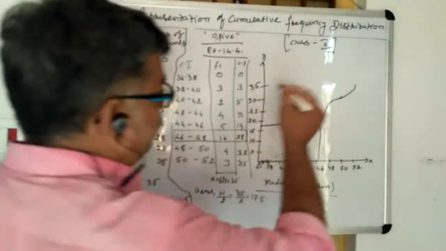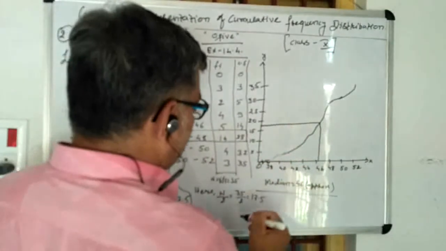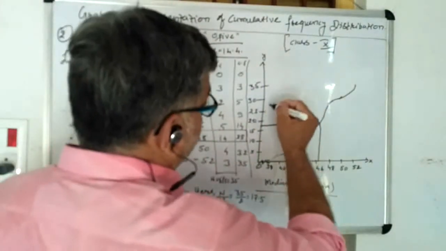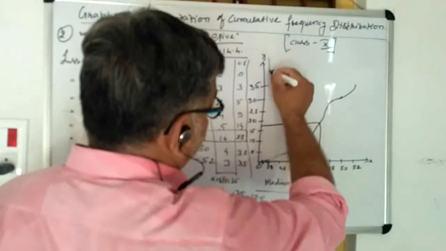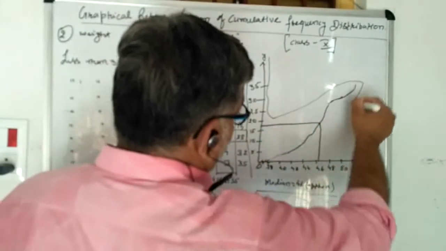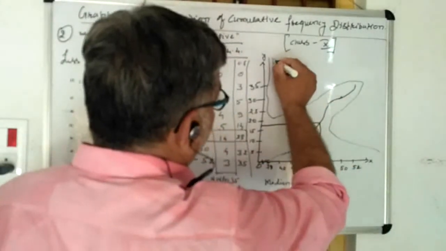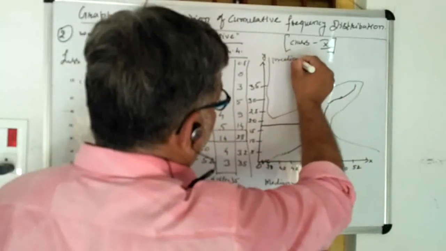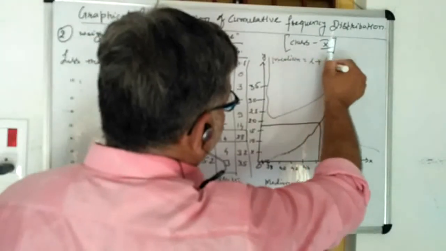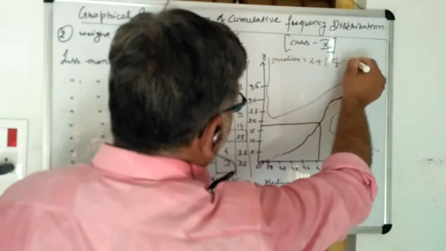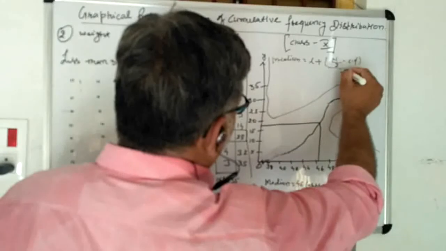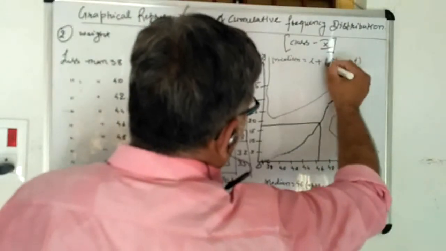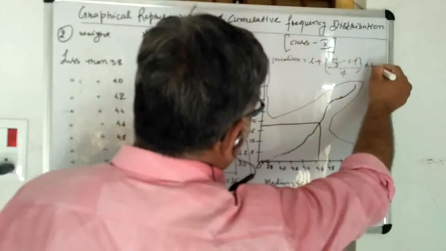Now apply the formula for median. Median equals L plus (n by 2 minus Cf) by f into h.